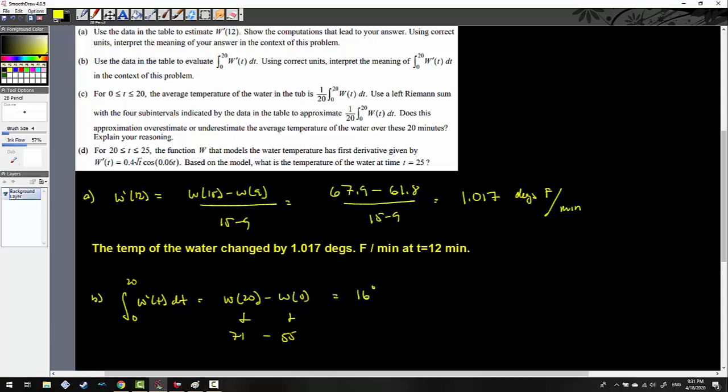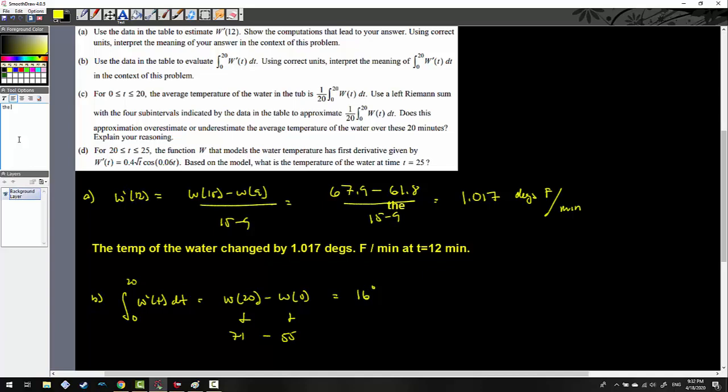Now, if we're going to use correct units, and if we're going to interpret the meaning of this in the context of the problem, well, if we integrate the rate at which the temperature is changing on an interval, we are calculating the total change of the water's temperature. So that's what we would say.